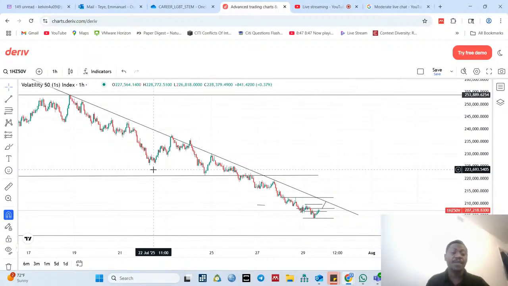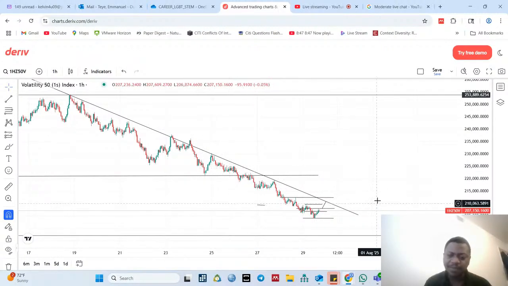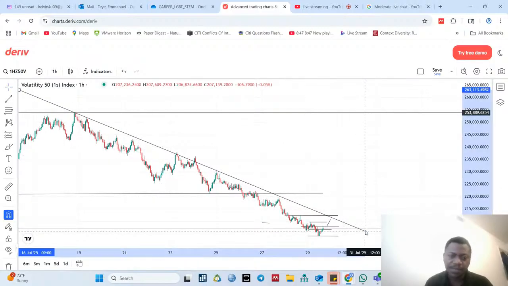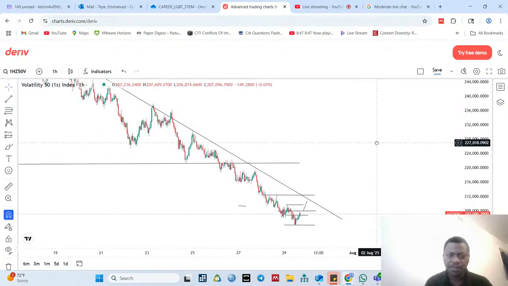So just as we have horizontal support areas or zones, trend lines are diagonal support and resistance areas, and so they help to guide and to guard the trends. So that's what trend lines help to do.